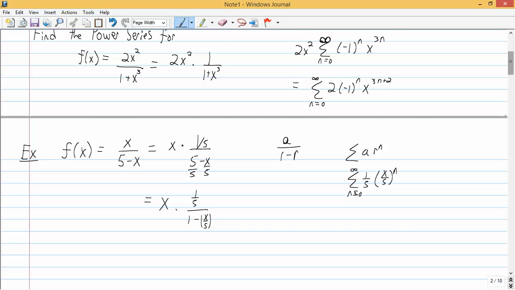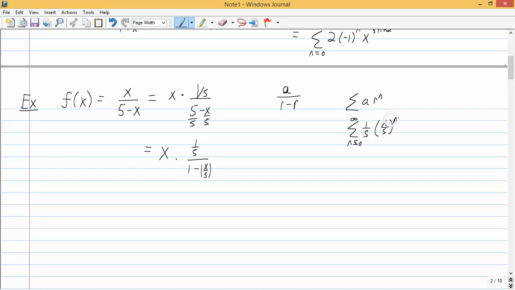And so what I would do now, if you raise the numerator and denominator to the n, then we have 1 over 5 times x to the n over 5 to the n. So that's x to the n over 5 to the n plus 1.